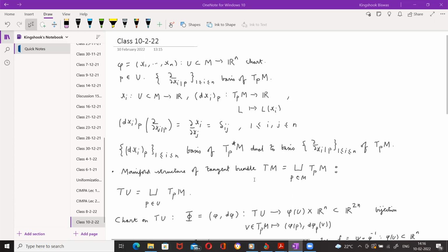Okay. All right. And now we can give a manifold structure to the tangent bundle TM. So the tangent bundle TM is defined to be the disjoint union of all the tangent spaces TPM.